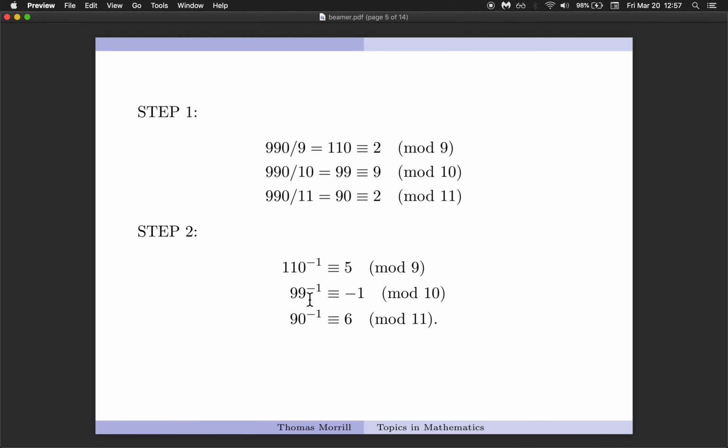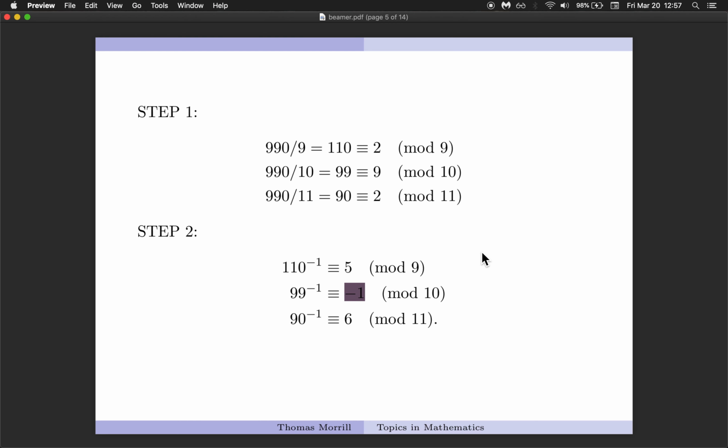Likewise, the residue of 99 is 9 modulo 9. 9 itself is the same as negative 1. I know that negative 1 is always its own inverse. So I'm going to record the inverse of 99 here as minus 1.